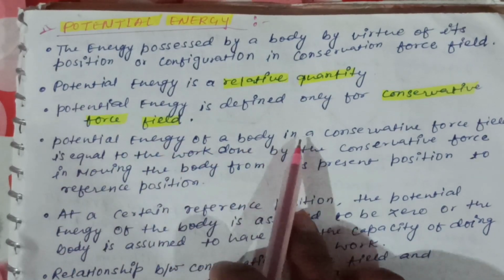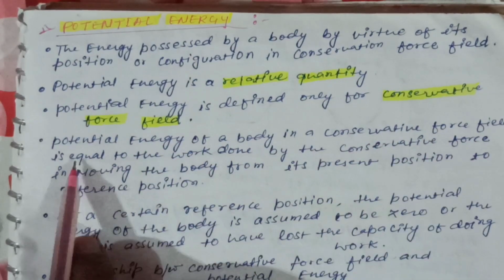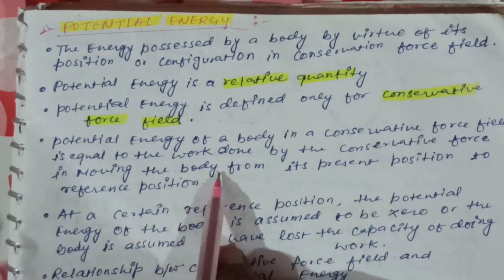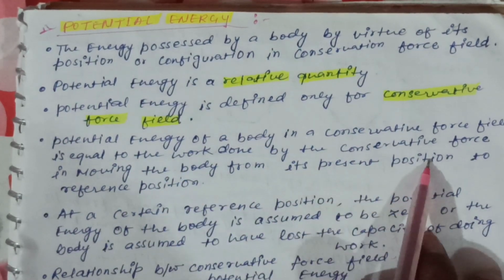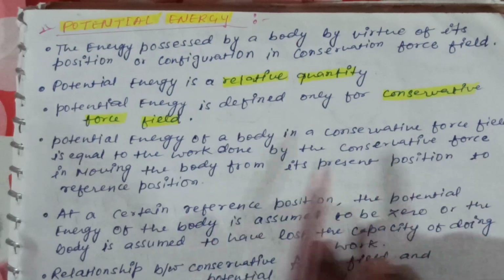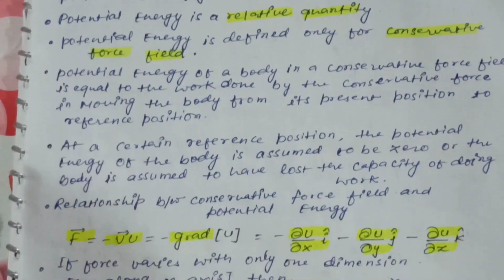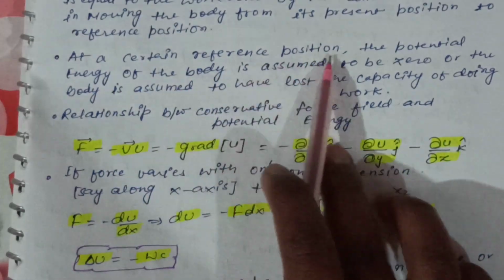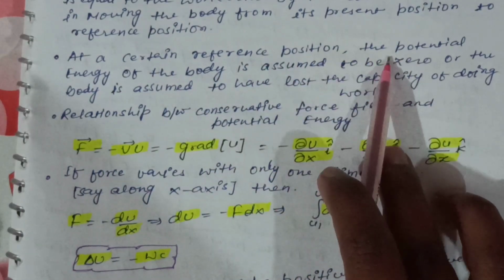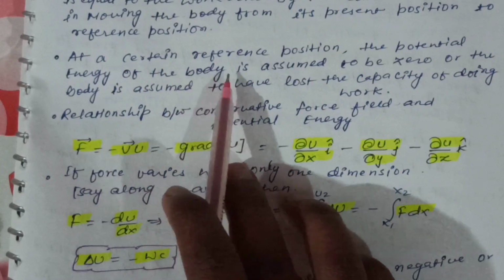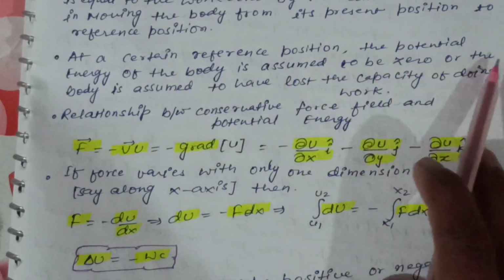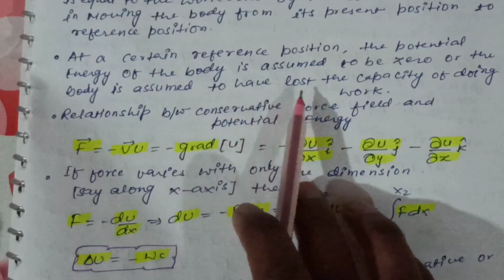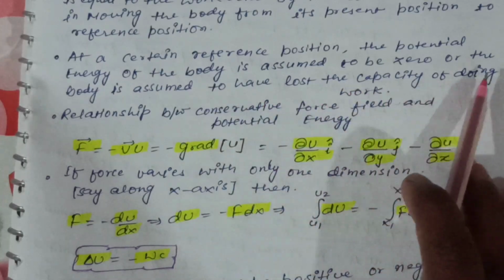Potential energy of a body in a conservative force field is equal to the work done by the conservative force in moving the body from its present position to the reference position. At a certain reference position, the potential energy of the body is assumed to be zero, or the body is assumed to have lost the capacity of doing work.